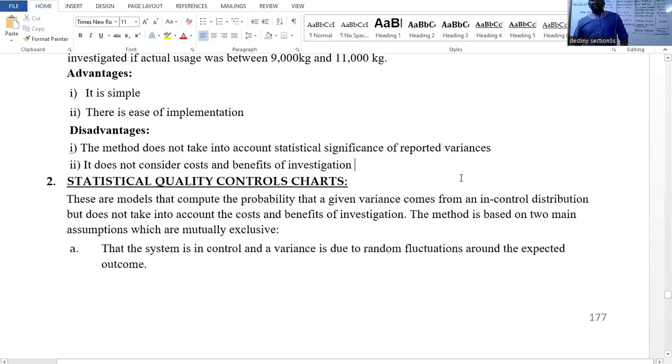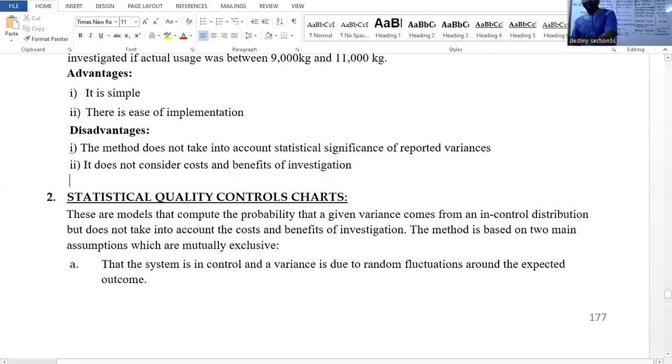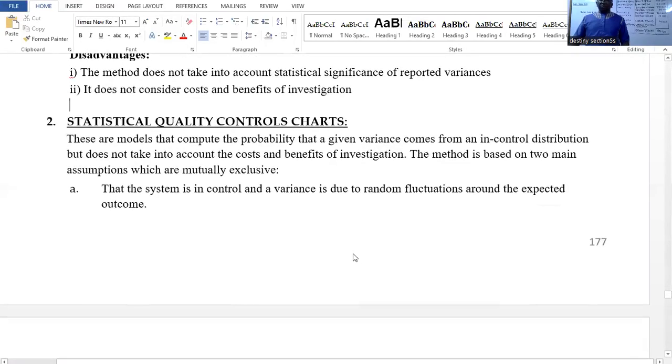Now, the second method is called statistical quality control charts. These are models that compute the probability that a given variance comes from an in-control distribution, but does not take into account the costs and the benefits of the investigation. The method is based on two main assumptions, which are mutually exclusive.